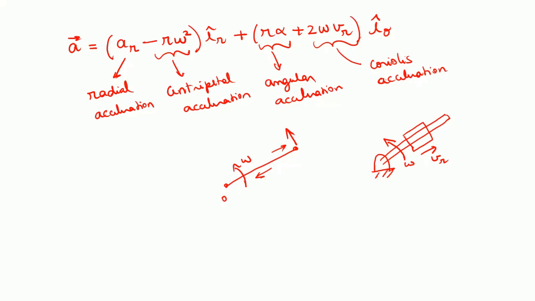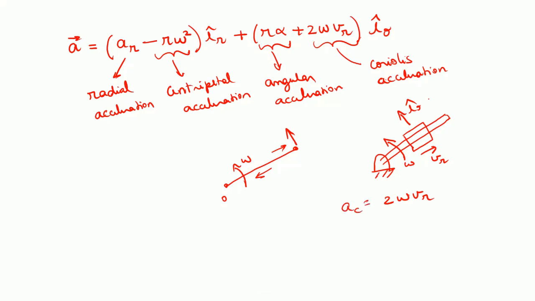Now if it is going like that, the acceleration acts in the E theta direction, which is given by 2 omega Vr. So this is Coriolis acceleration, AC.